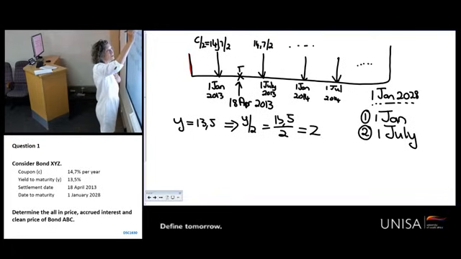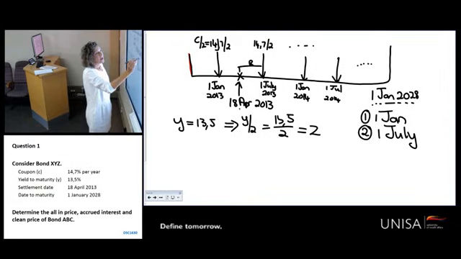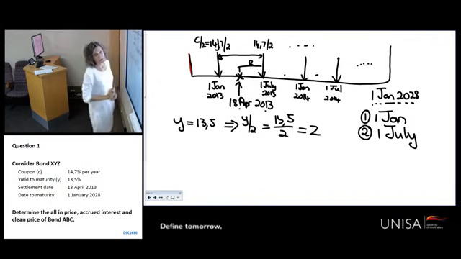R is the value between the settlement date and the 1st of July in 2013. And what is my H value? Is the half year which my settlement falls in. Guys, it's not this half year. It's not that half year. It's the half year that the settlement falls in. So it's the 1st of January till the 1st of July 2013.